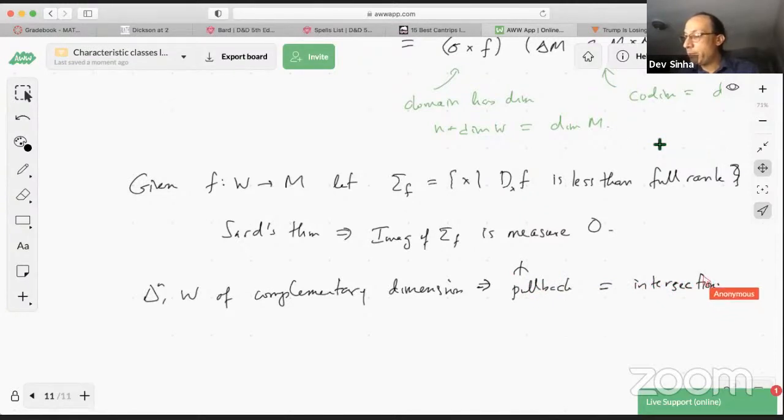But then by Sard's theorem, the image of sigma f can be avoided.